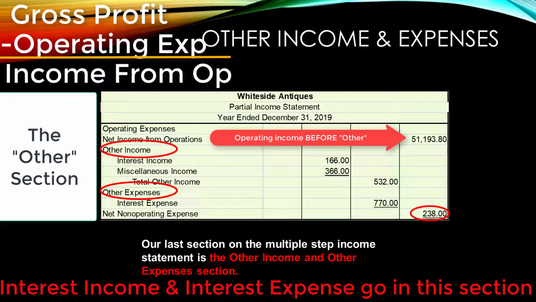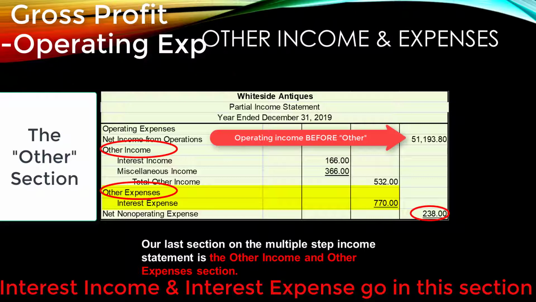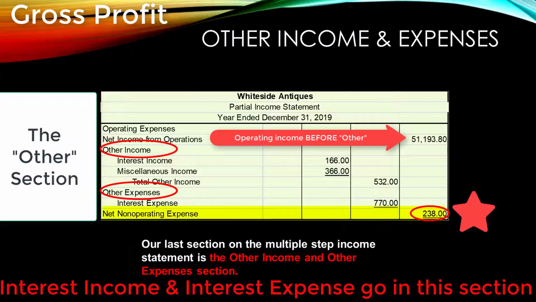You'll notice that the other income included interest and other miscellaneous income and totaled $532. The other expenses also included interest expense in the amount of $770. These two are netted together and totaled $238.